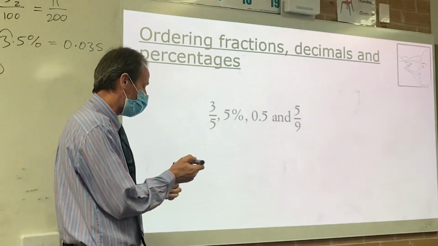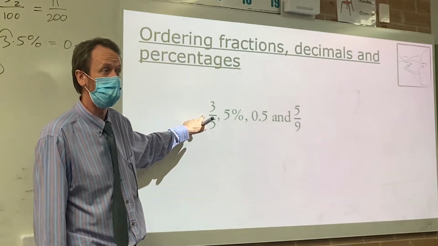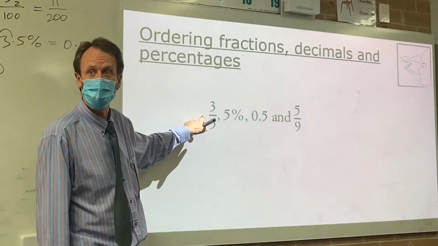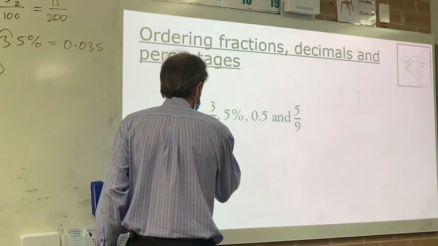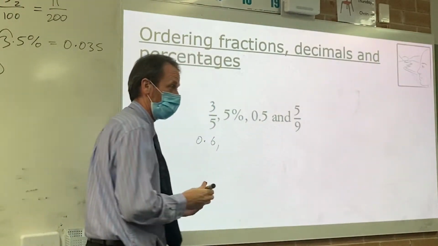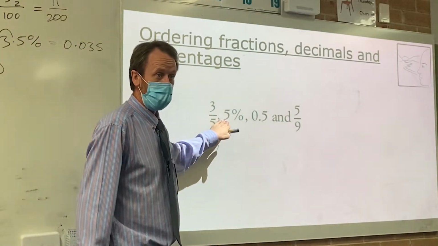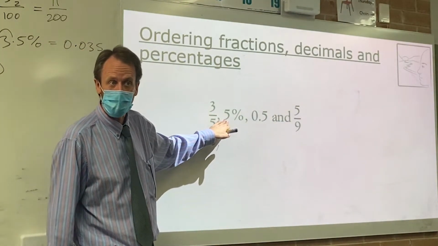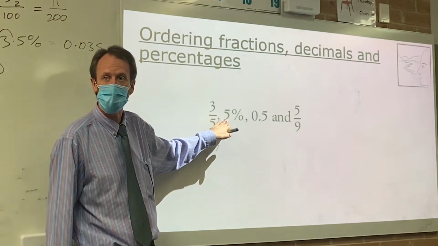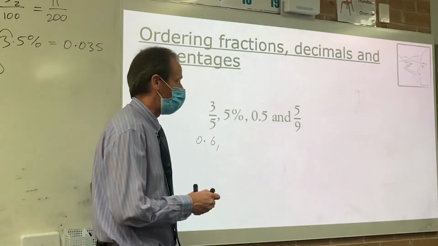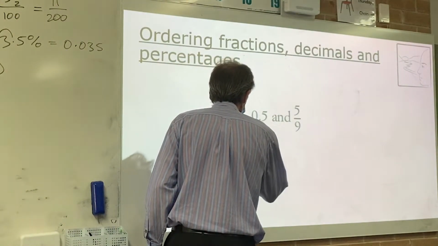What I do know, 3/5. Does anyone know what 3/5 is as a decimal? Okay, could be worth learning. It is 0.6. 5%. What is 5% as a decimal? We just did these ones. Okay, I saw someone whisper it to me, 0.05.